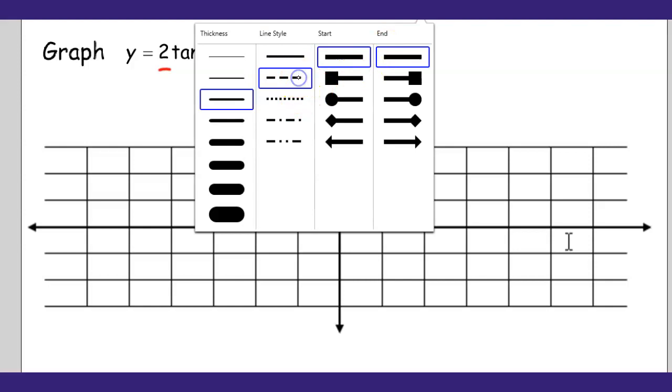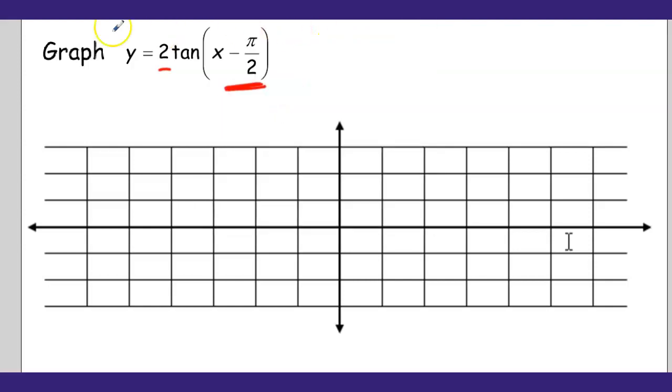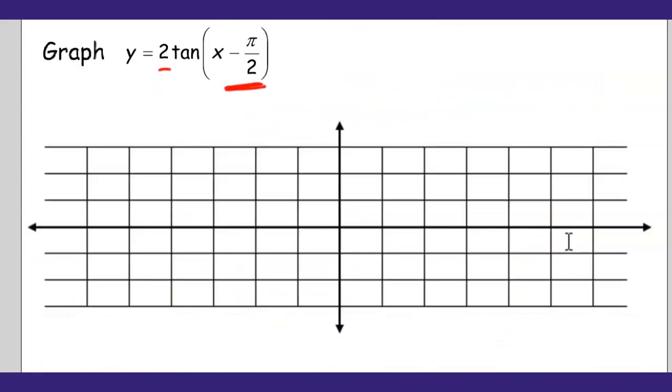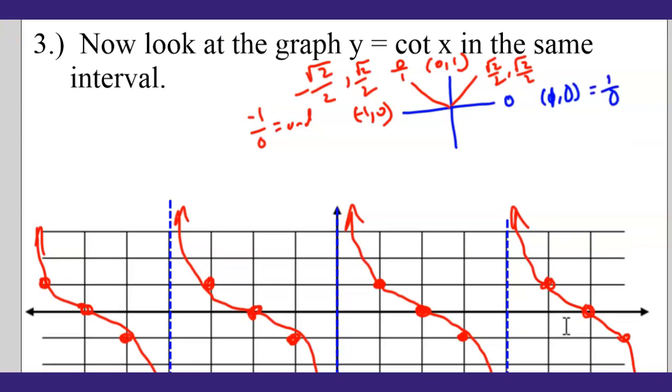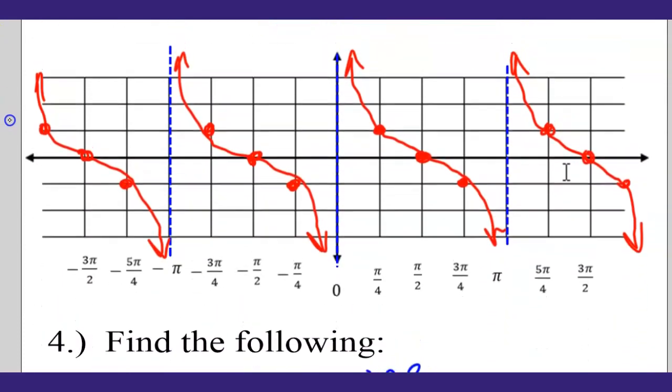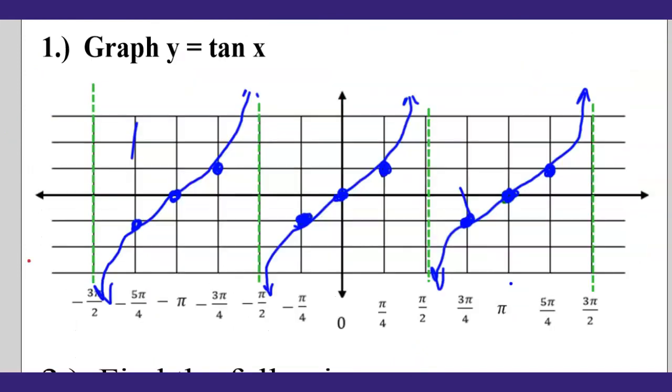And just so you can have a reference, if you look at tangent, you'll see that if you move all the asymptotes by half, this is a period of pi.